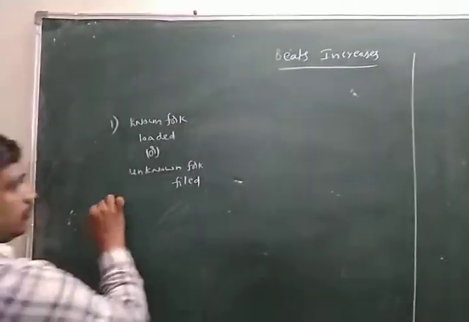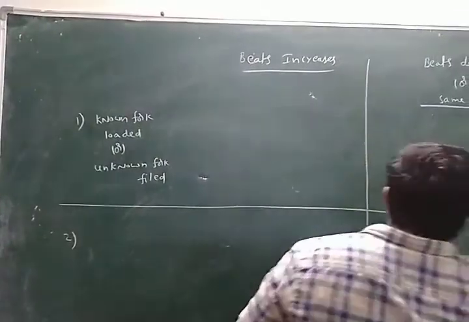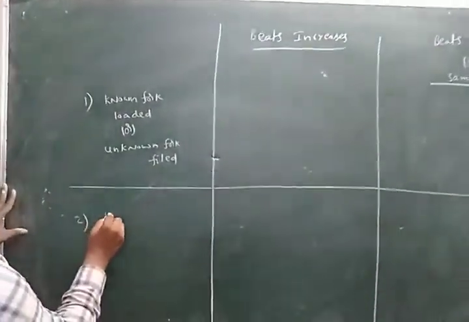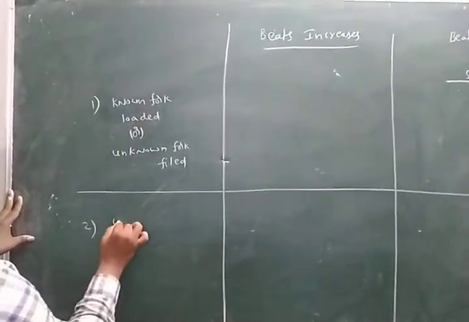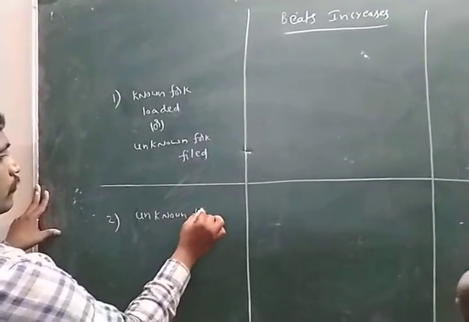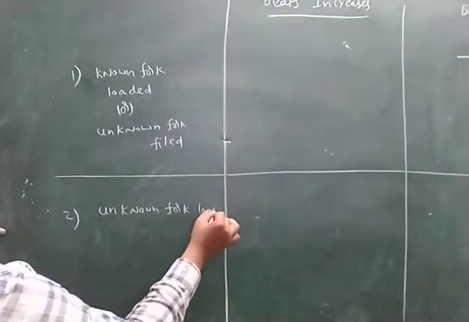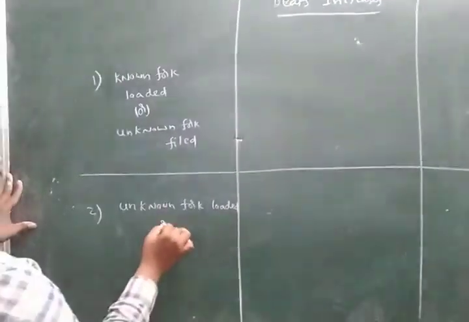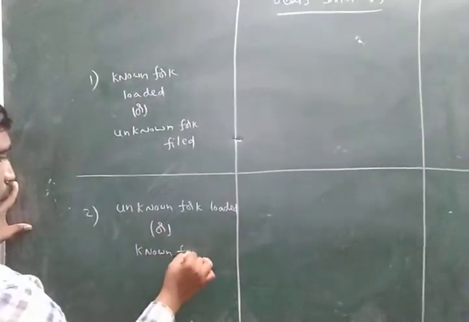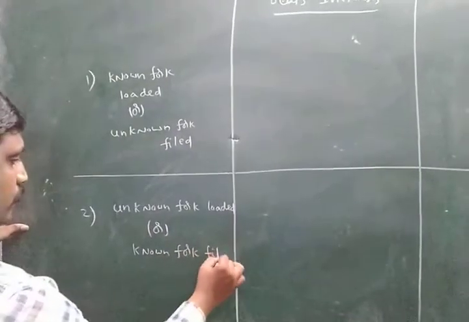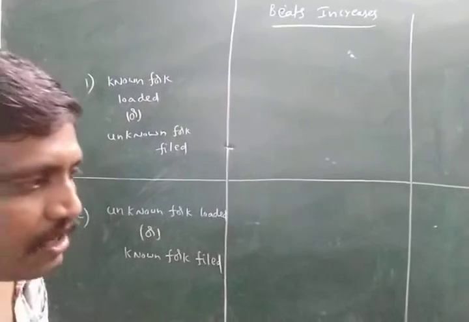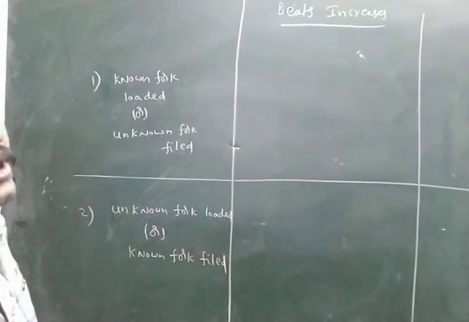Second condition: here the second condition is unknown fork loaded or known fork filed. Okay? What is the meaning of loading? What is the meaning of filing?